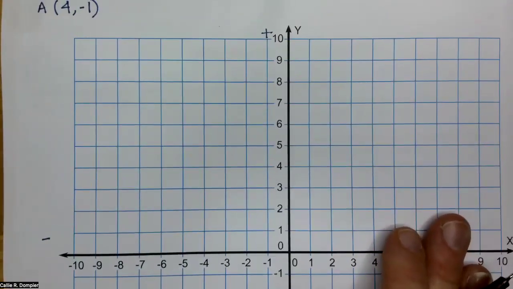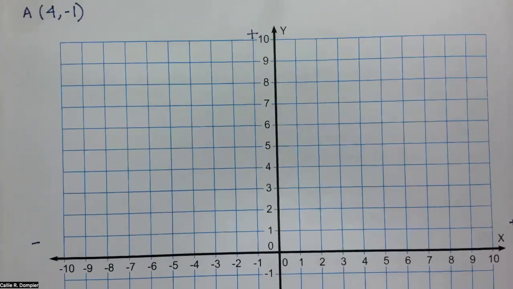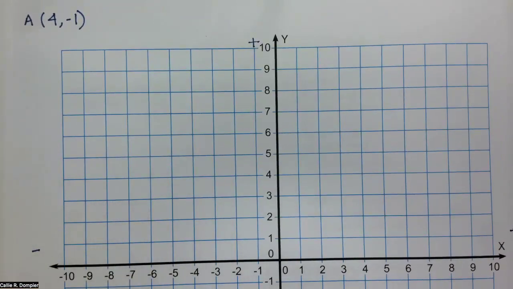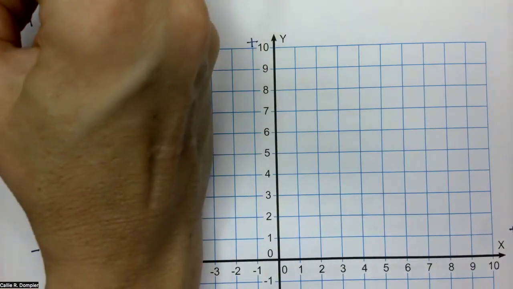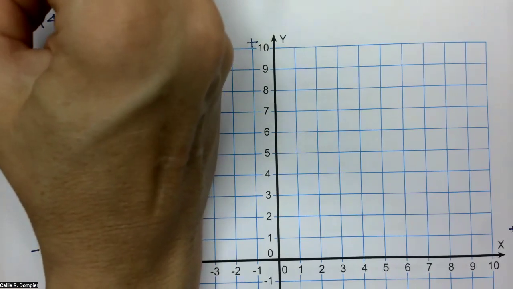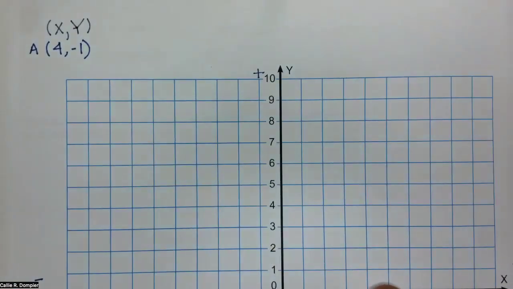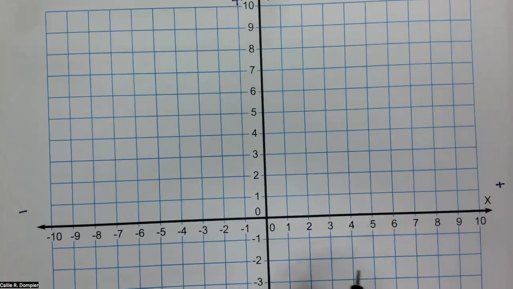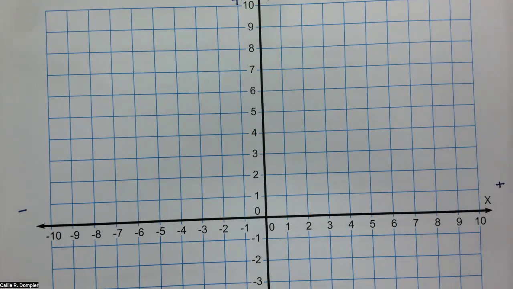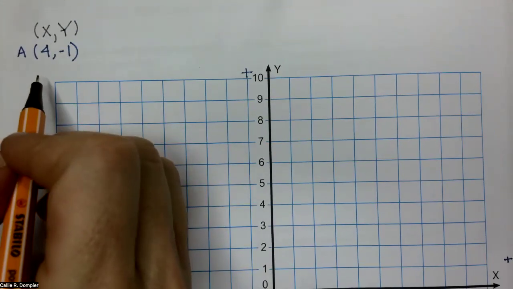When we look at that, we take 4 as our x value, and -1 is our y. Here it says our x is 4.